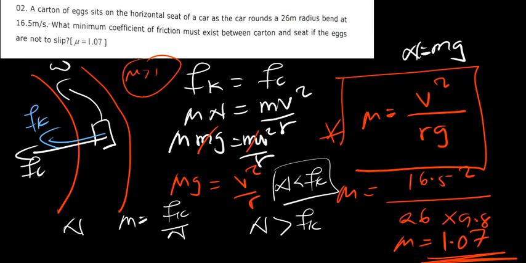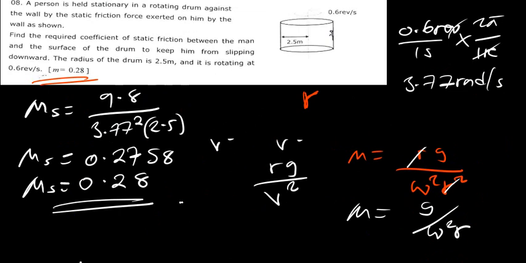So in this case, I can't use this guy the way it is. The reason is because I've used that conversion of v equals omega r.